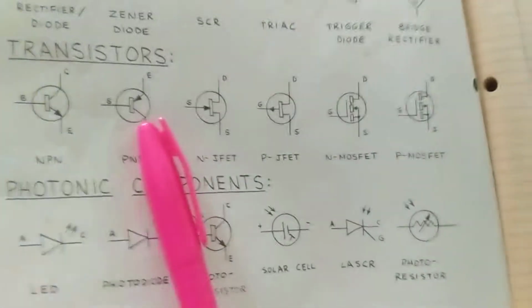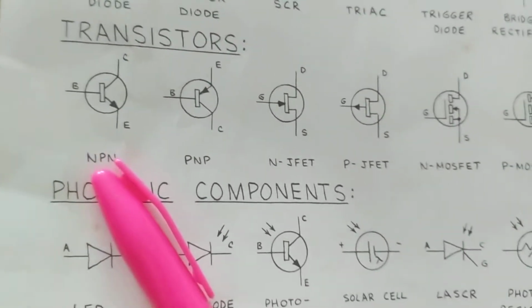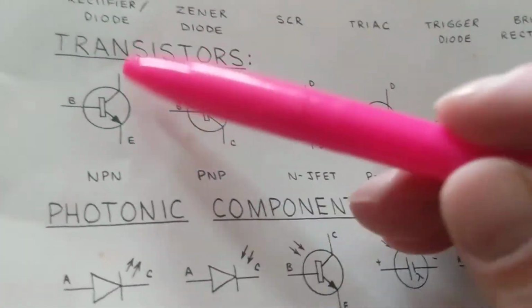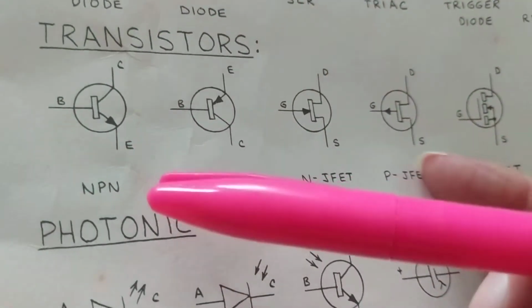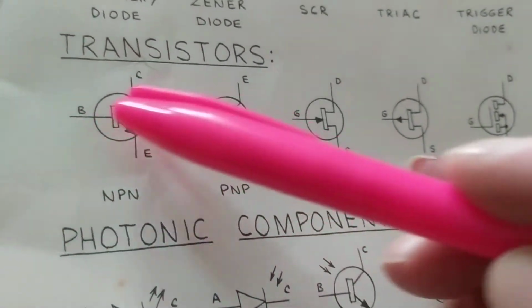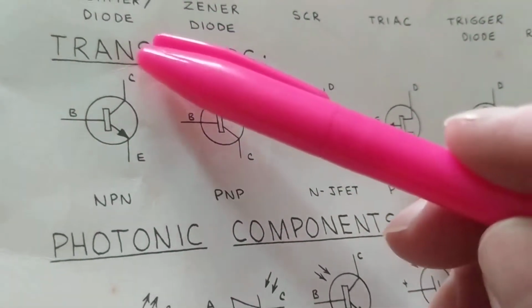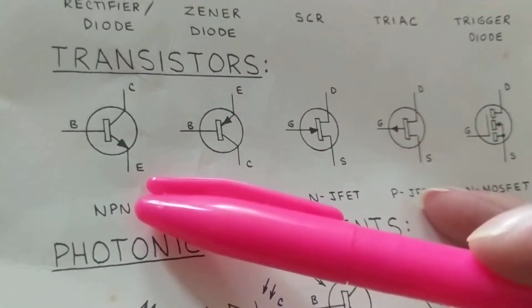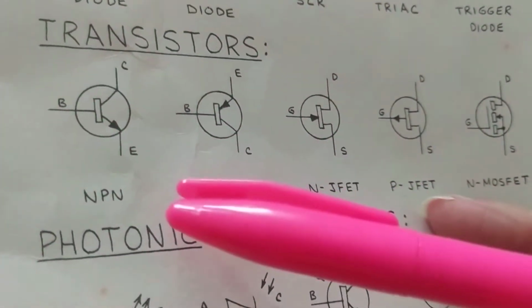Anyway, the symbol has 3 connections: the base, the collector, the emitter. When we get this junction to conduct, then current can conduct through the collector, through the emitter. First, we have to get this one going.